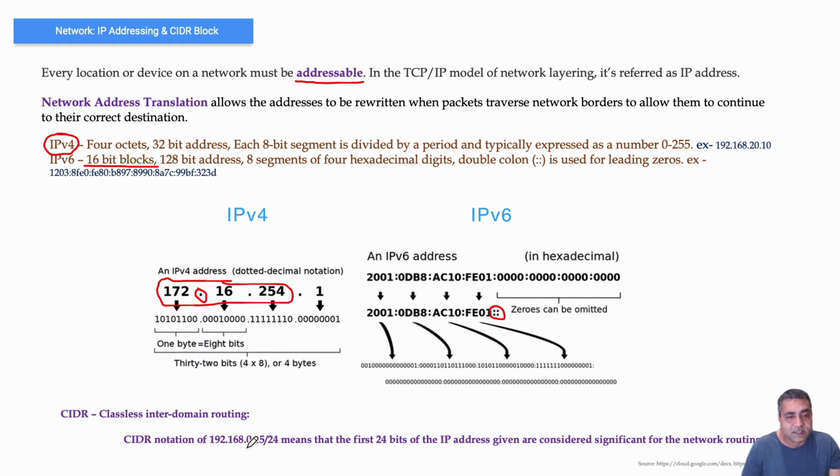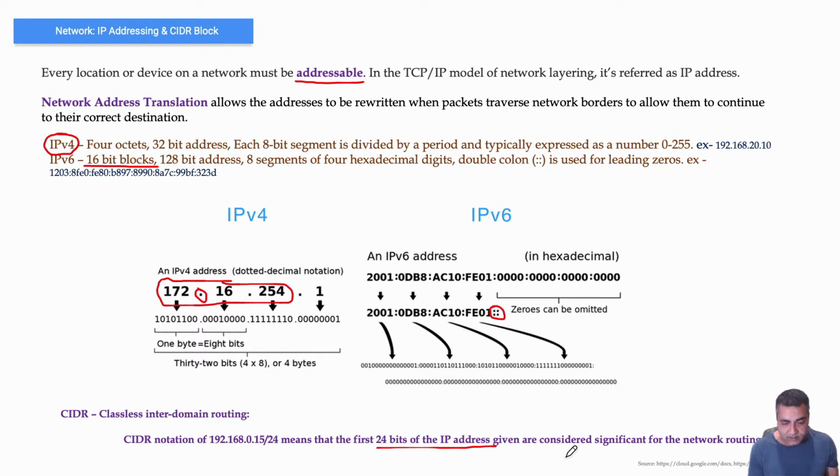CIDR notation of 192.168.0.15/24 means that the first 24 bits of the IP address given are considered significant for the network routing. So basically the idea is that you can add a specification in the IP address itself as to the number of significant bits that make up the routing or networking portion.